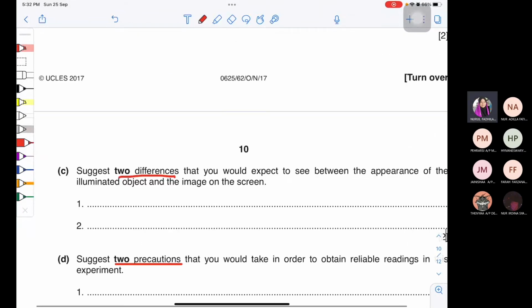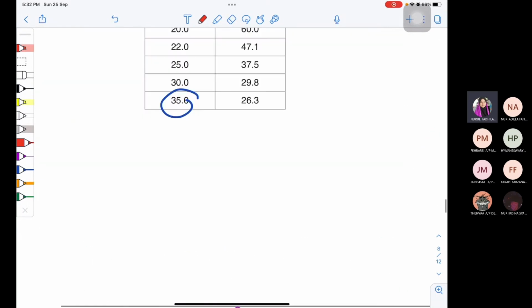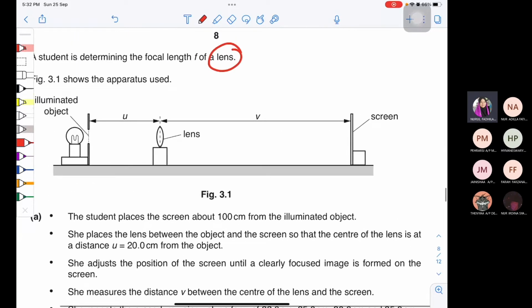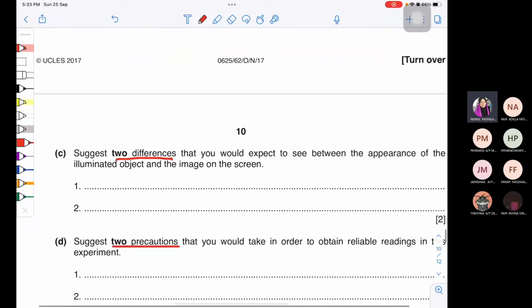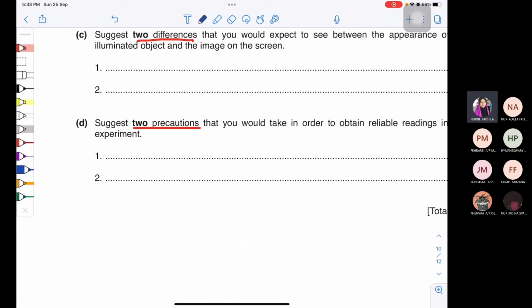So kalau jenis yang macam ni, dia ada cahaya dekat sini. So you may want to carry out the experiment in a dark room kan. Darken the room. Darken it, room, the room. Okay, ataupun carry out the experiment in a dark room.